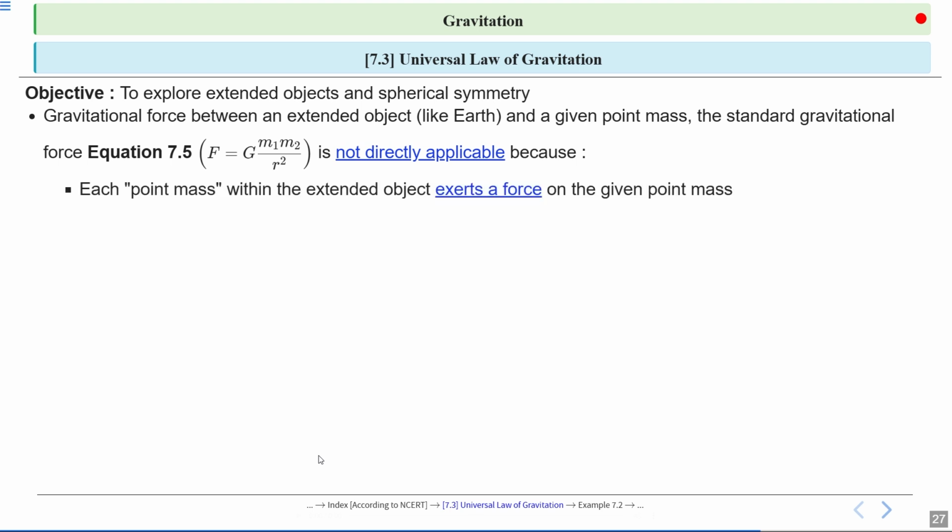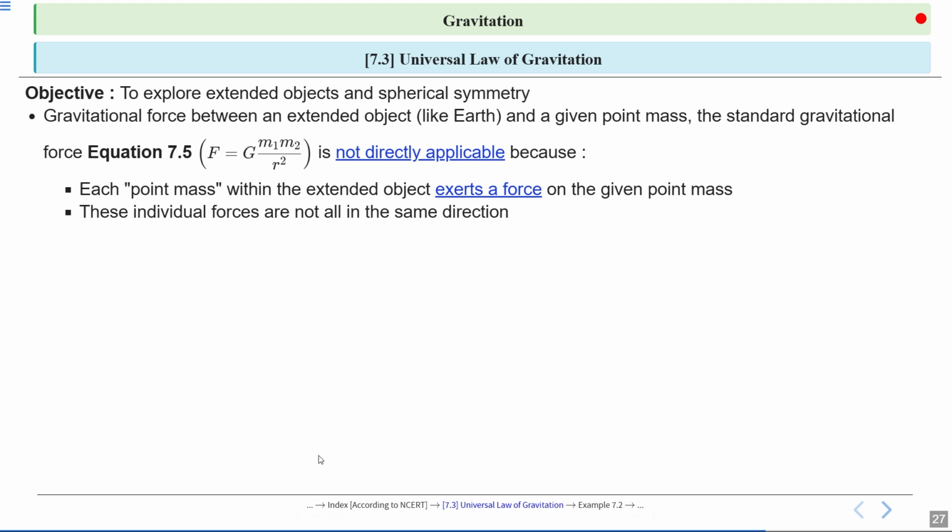So each point mass within the extended body exerts its own gravitational force on the given point mass. This means that instead of one simple force, we have multiple forces acting from different parts of the object. It's important to point out these forces are not aligned in the same direction.